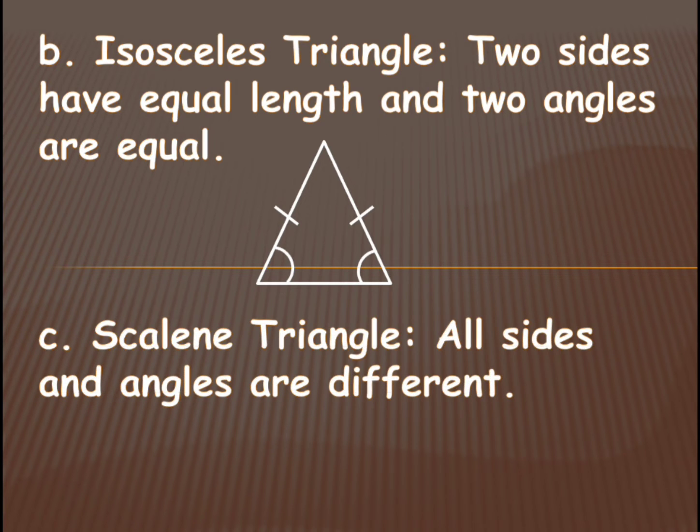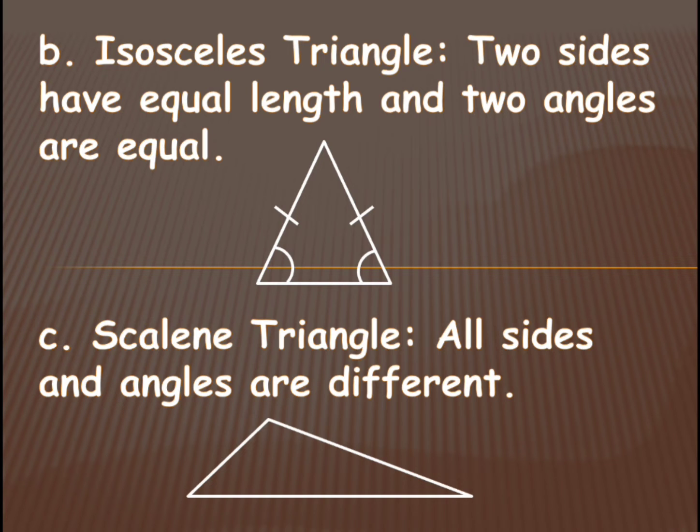Then you have a scalene triangle. In a scalene triangle, all the sides and all the angles are different. If a triangle has different sides and different angles, then that triangle is called a scalene triangle. You understood equilateral, isosceles, and scalene triangles.